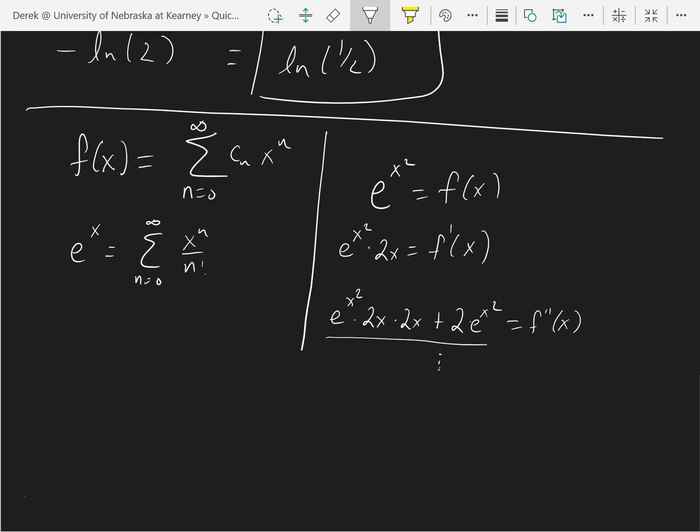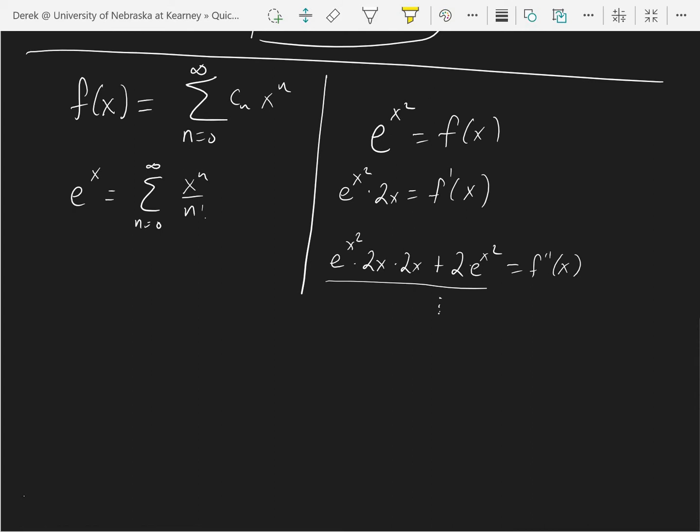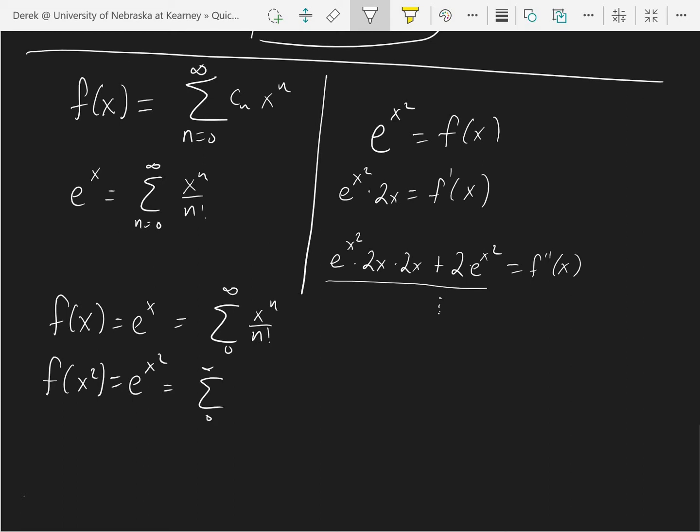Well, that's not necessary, actually, because if f of x is equal to e to the x, then f of x squared is equal to e to the x squared, right? And if this is equal to the sum of x to the n over n factorial from 0 to infinity, this would be equal to the sum from 0 to infinity of x squared to the n over n factorial.